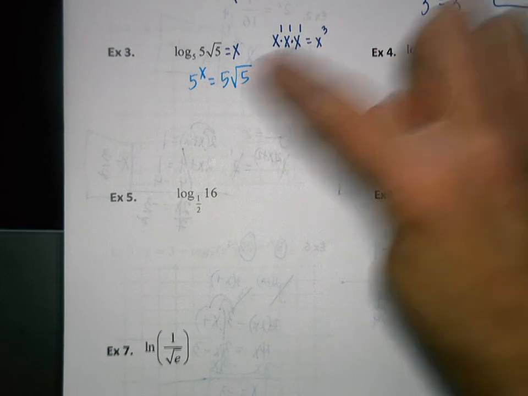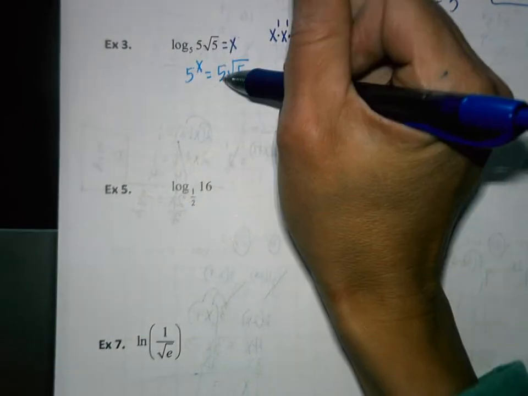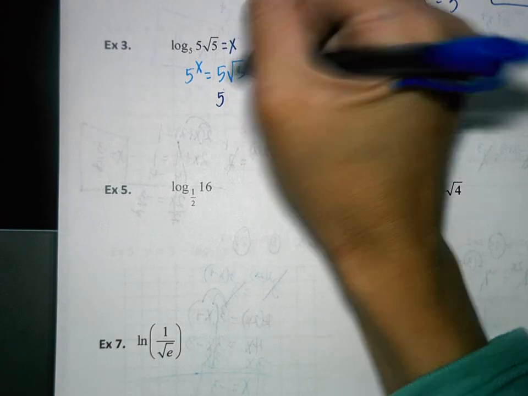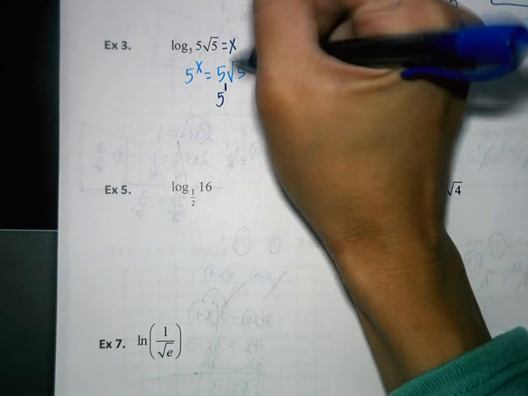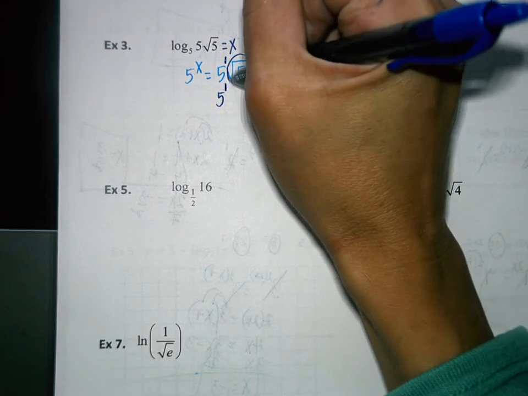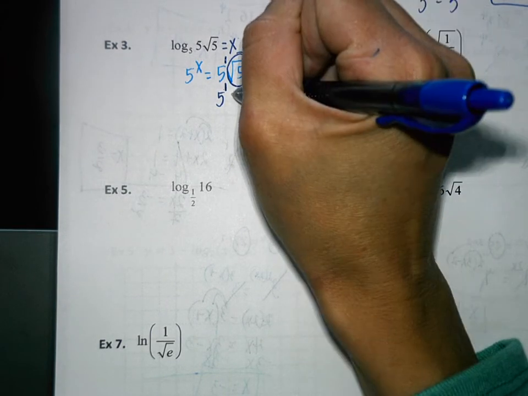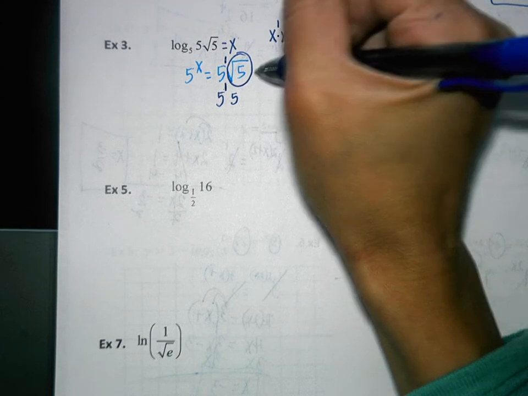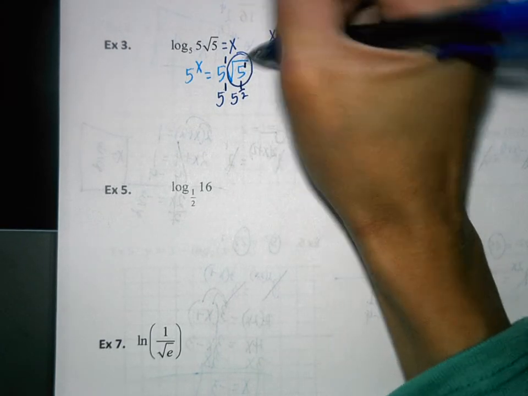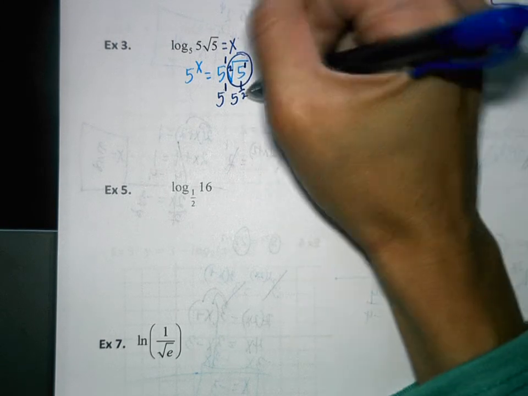Okay, so this 5 right here is really 5 to what power? 5 to the first. Do you guys agree that this is 5 to the first? Okay, now root 5. That is 5 to the what? 1/2. Because this is a 1 exponent if it doesn't have one, and the root is 2. So that's why it's 1/2.